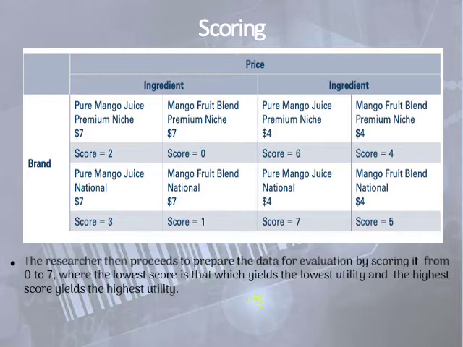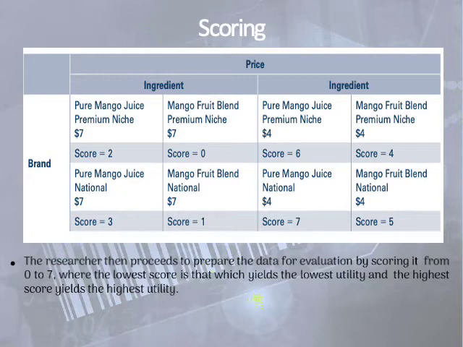Those with the highest utility were ranked first, while those with the lowest utility were ranked last. The mango fruit blend at national brand offered at $7 is ranked last, or number 8.